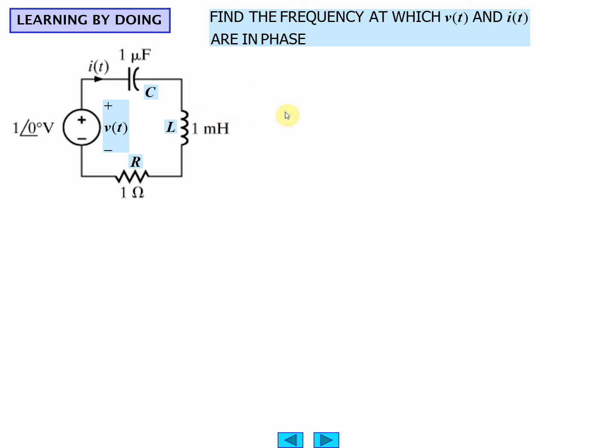When do you think the voltage and current will be in phase? In other words, we have a 0-degree phase angle here. We want current to also be at a 0-degree phase angle. When does that happen? Think of the phasor diagram.